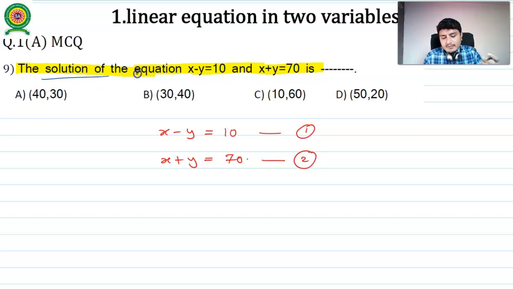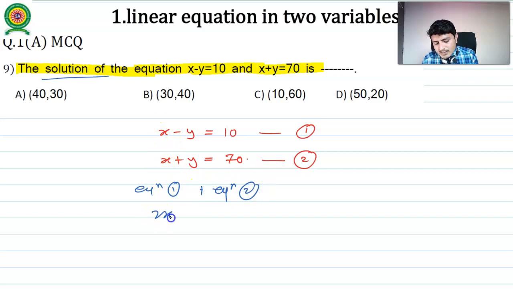To find the values of x and y: the y coefficients are -1 and +1, with unlike signs, so once we add equation 1 and 2, y can be eliminated. So I am writing equation 1 plus equation 2: x plus x is 2x, while minus y plus y gives 0y, meaning y is eliminated, and 70 plus 10 we have 80.